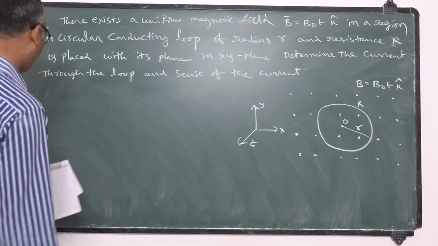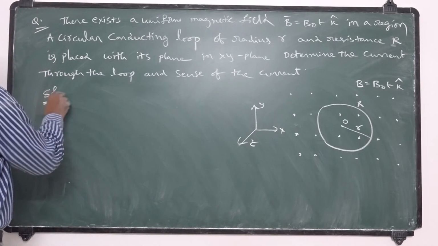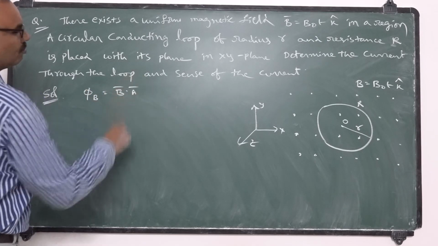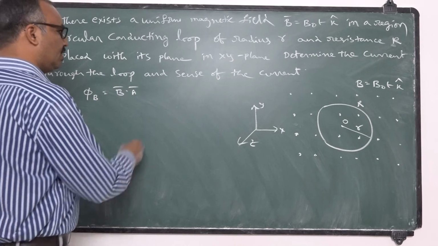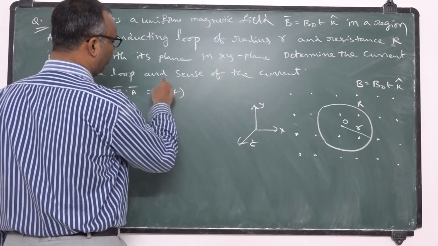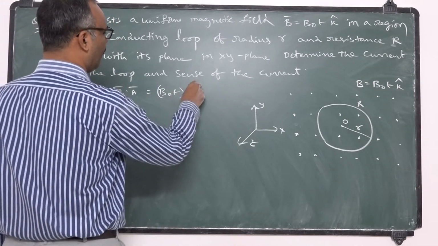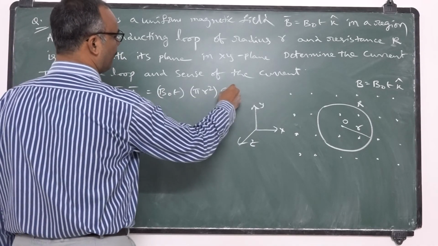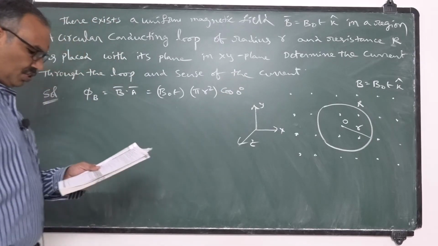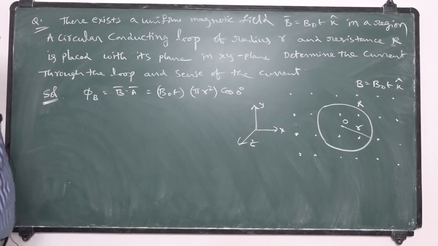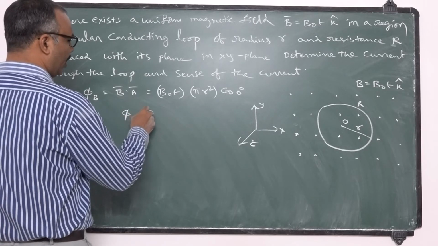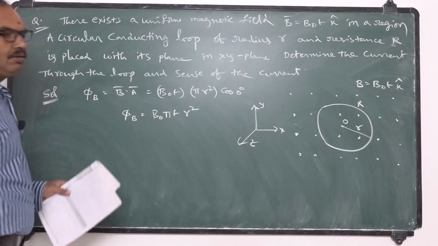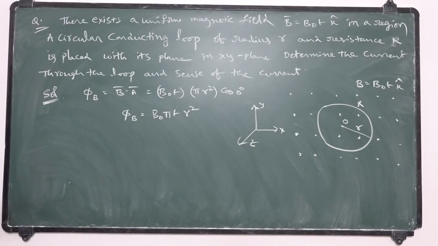First let me calculate the flux. Flux linked with the loop is given by B bar dot A bar. B is nothing but B naught t. A bar is nothing but pi r square. Angle is cos 0, and cos 0 is 1. So phi is equal to B naught pi t r square.